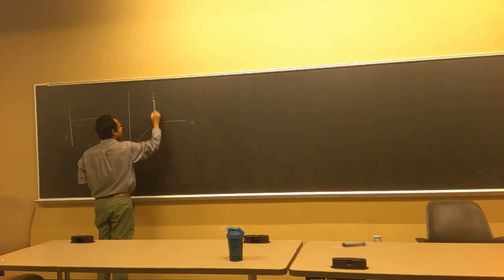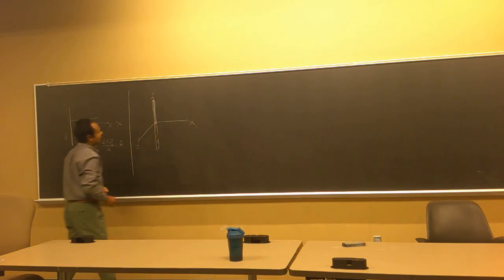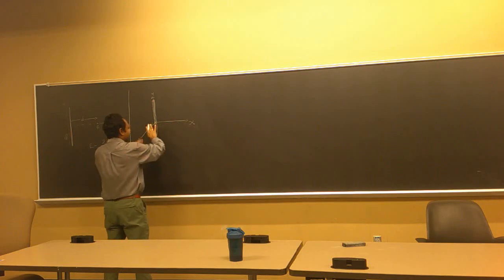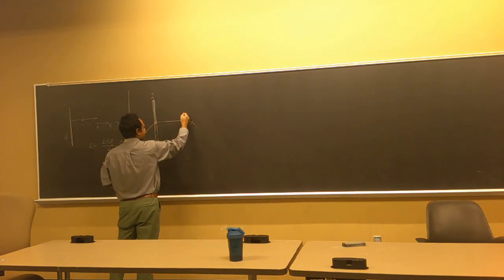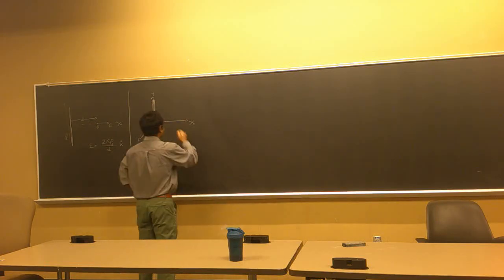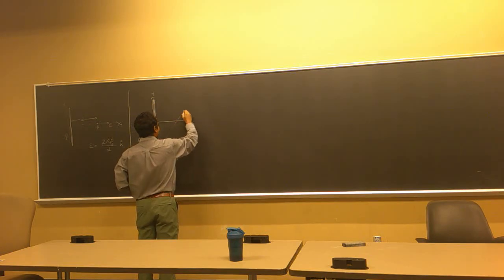Let us say that one of the wires is along the y direction, and the other wire is probably in the xz plane somewhere. It's lying in the xz plane like the following way.